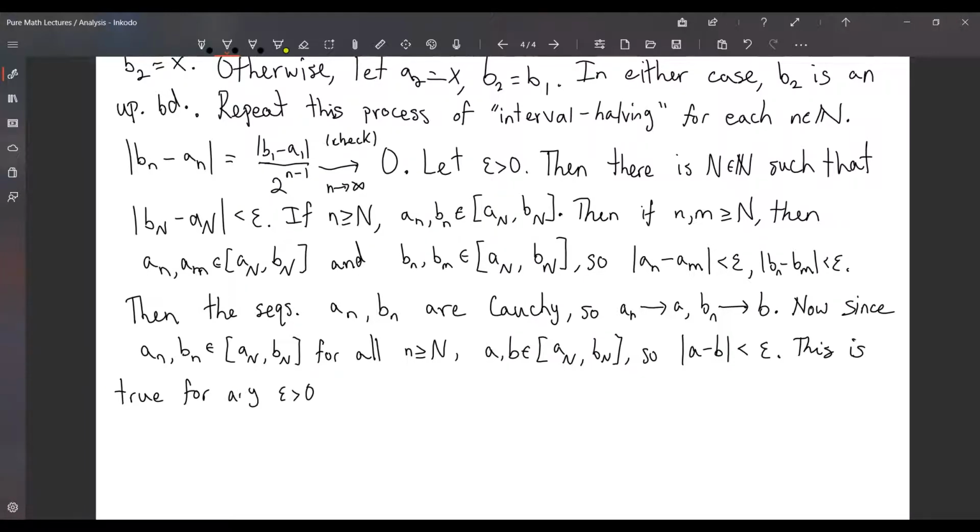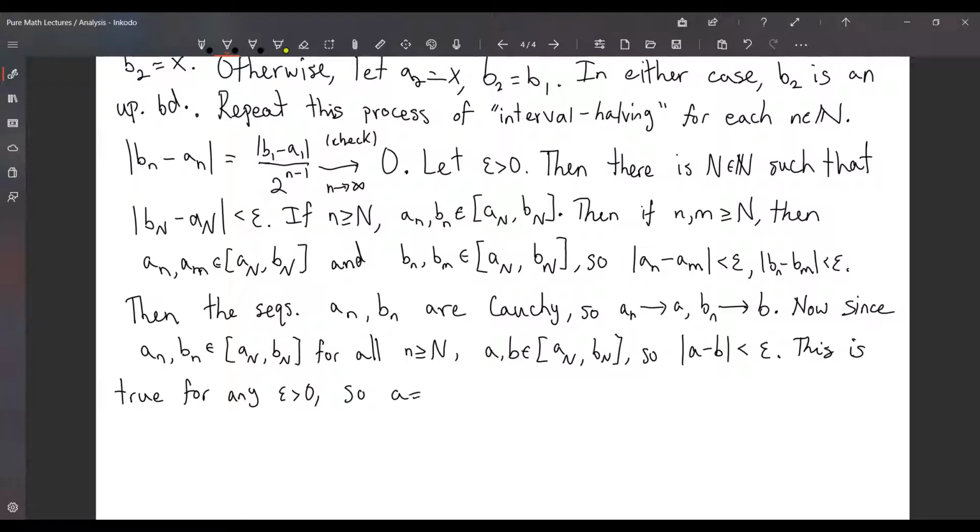Because the construction of a and b did not rely on epsilon. We used epsilon to show that a sub n and b sub n converge, but we're also using this epsilon, which was arbitrary, to show that the distance between a and b is less than epsilon.